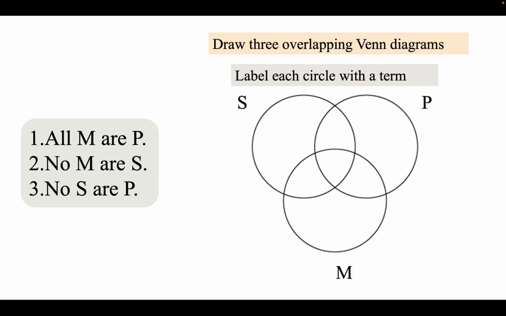Any term, it doesn't matter, as long as you decide which circle is which, and you keep it consistent. Now, once you have the three Venn diagrams overlapped and you have labeled each circle, then you proceed to diagram each premise.